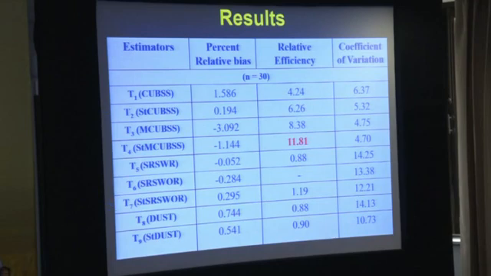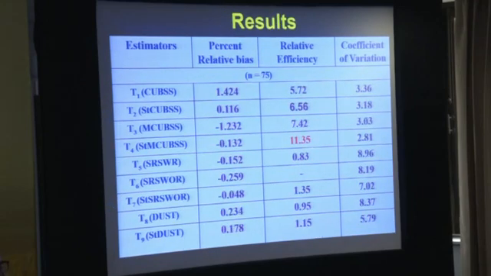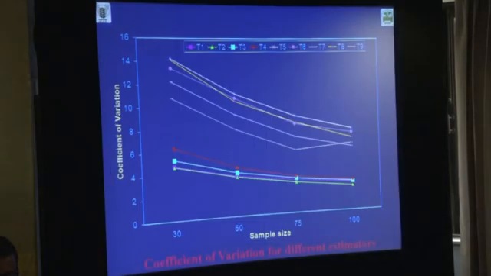These are the results for different sample sizes, and we can see the efficiency of the stratified modified CUBS is highest as compared to other techniques, and we have compared these techniques with the other traditional techniques also, like simple random sampling with replacement, without replacement, stratified simple random sampling without replacement, and so on.